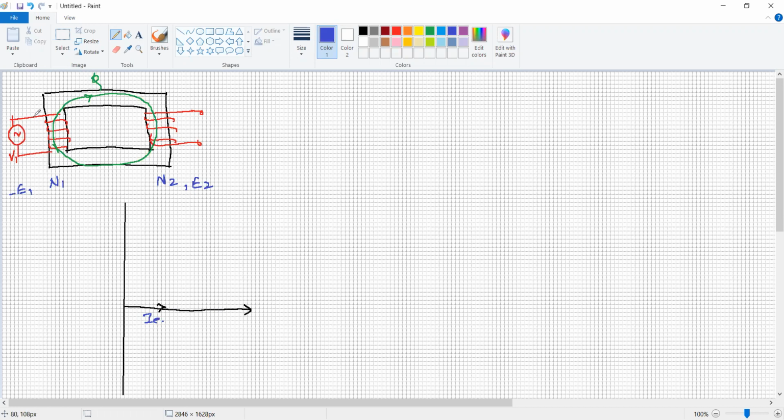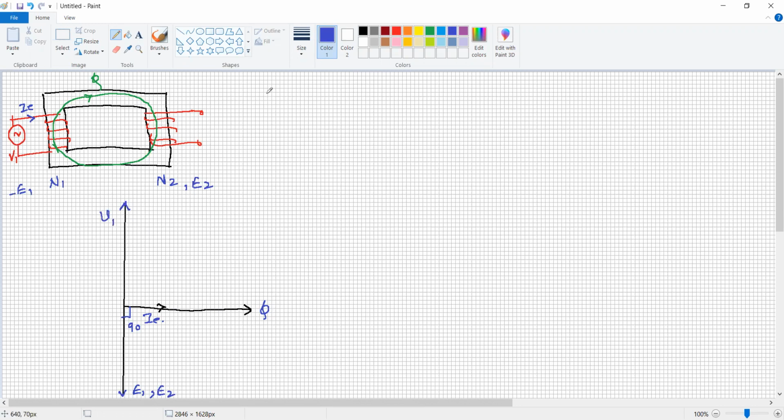The current here is IE, the exciting current, which is responsible for producing the required magnetic flux in the core. The EMF induced in the primary winding and secondary winding is lagging by 90 degrees with respect to phi, and the voltage here is V1.